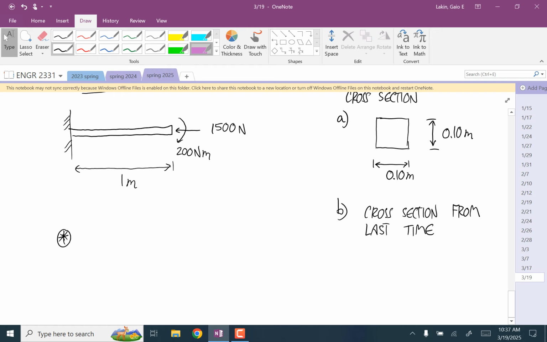So the beams for parts A and B are the same amount of material.